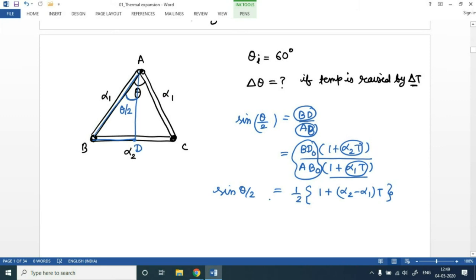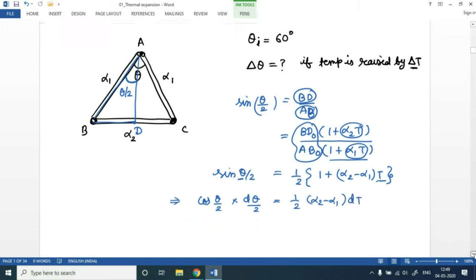So at any temperature T, this is the angle between the AB and AC sides. Now we are looking for d theta. So what we can do is differentiate both sides. Differentiating both sides will give you cos theta by 2 into d theta by 2, and that would be half into alpha 2 minus alpha 1 into dt.